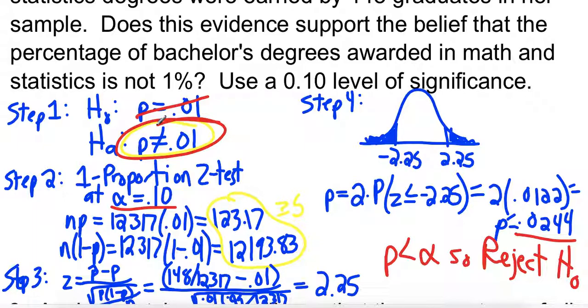So we would say something like, at the 0.10 level of significance, the data supports that the percentage of bachelor's degrees awarded in math and statistics is not 1%. Now remember, she didn't make any claims about if it was more than 1% or less than 1%, so we can't say anything about that. It's just not 1%. So this is how you do hypothesis tests with proportion, if you just have one proportion.